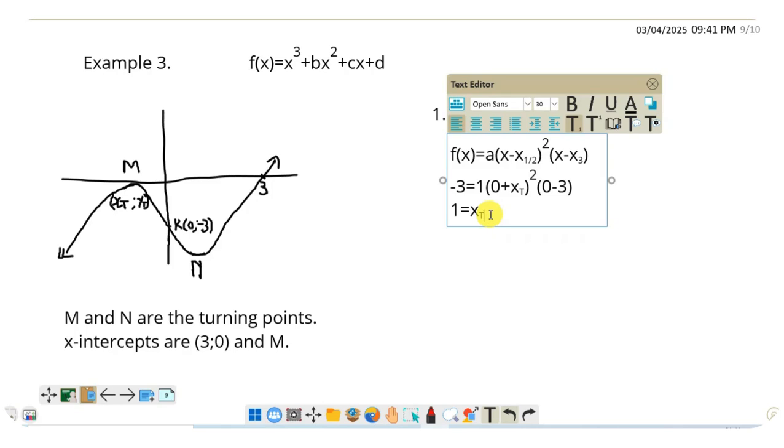So 1 equals xt squared. To remove the squared, what do I do? I apply the square root. When I apply the square root, I'll have plus or minus, right? So I'll say xt is equal to 1. I have to take the one that is equal to 1.